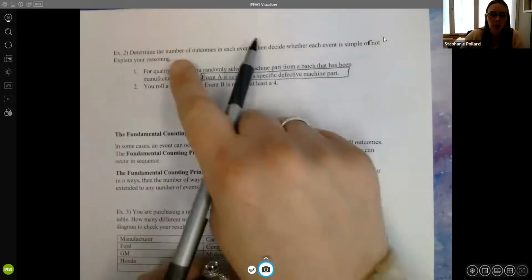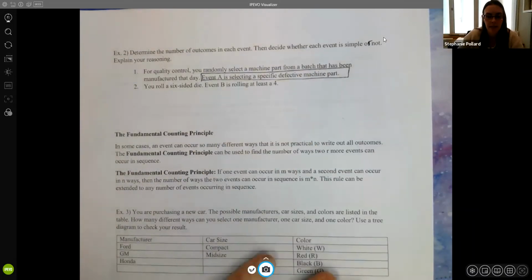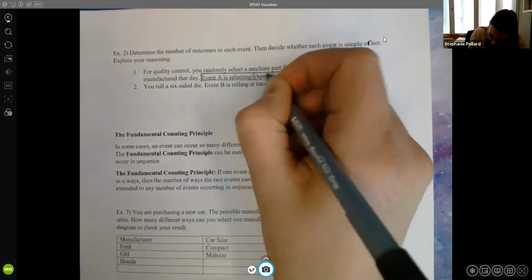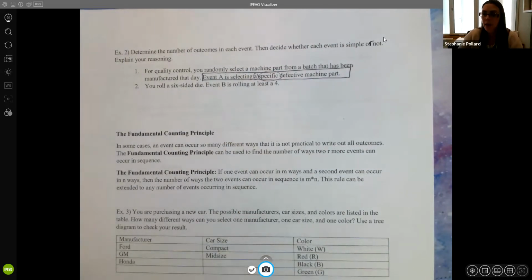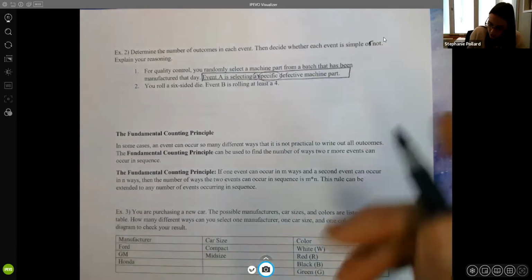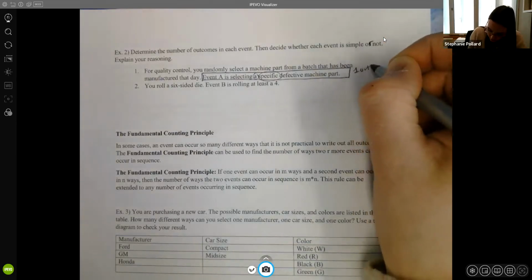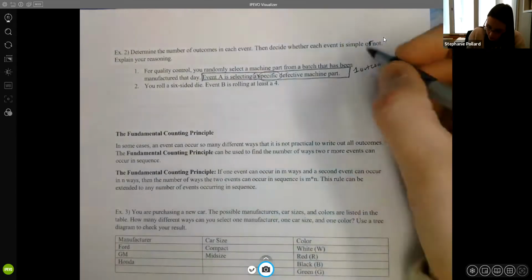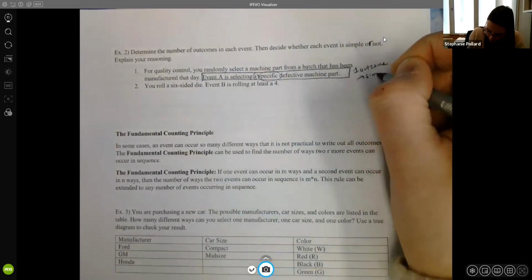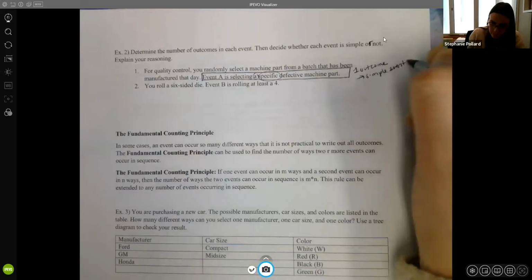So I just circled it here. Notice here that event A is selecting a specific defective machine part. So there's only one outcome here, right? You're selecting that specific part. So this is a simple event.